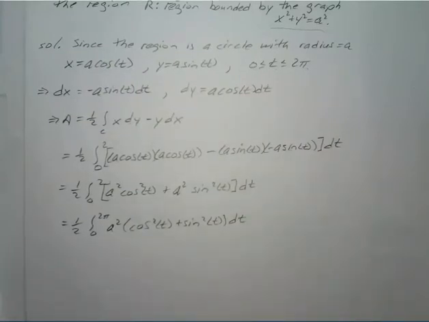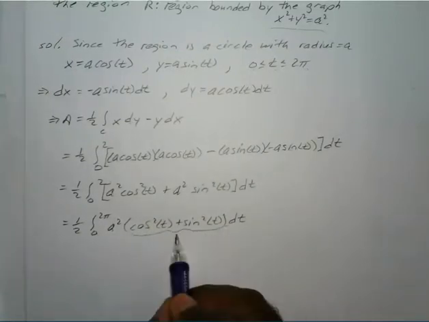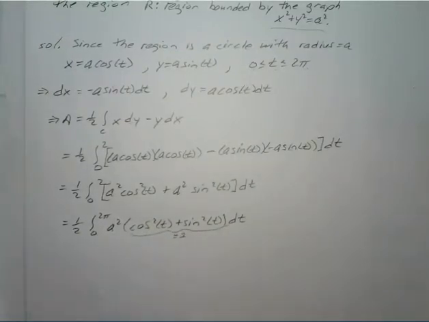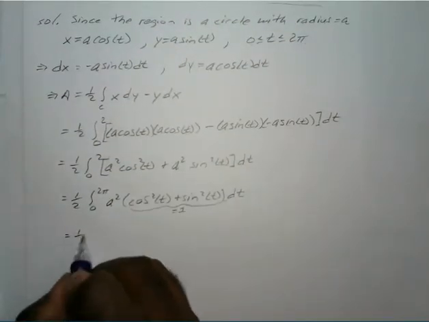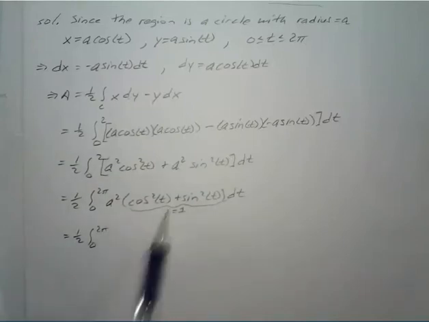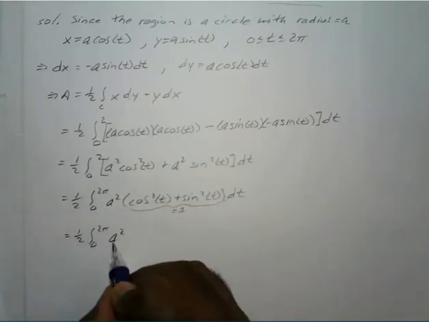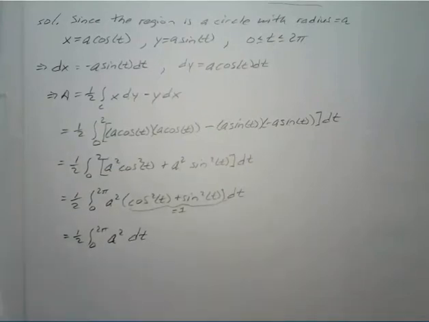And we all know that cosine squared plus sine squared is equal to 1. So that's 1/2 the integral from 0 to 2 pi of a squared times 1, which is just a squared, with respect to t.